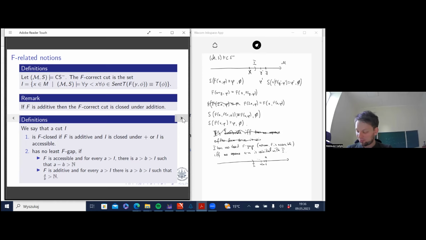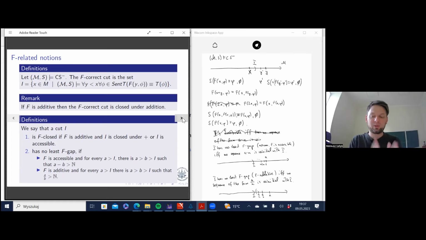And this is similarly for the additive case. So I has no least F gap for F additive if no sequence of the form A divided by n is co-initial with I. So whenever we have I, we take A here and we start dividing by 2, then this won't converge to I. We'll be fine.